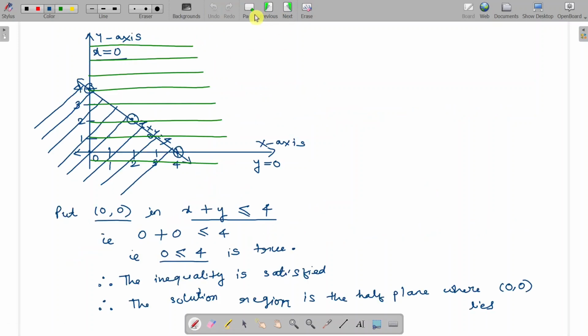So this is y equal to 0 and 1 comma 1 is above this y equal to 0. So that means the solution region is this.